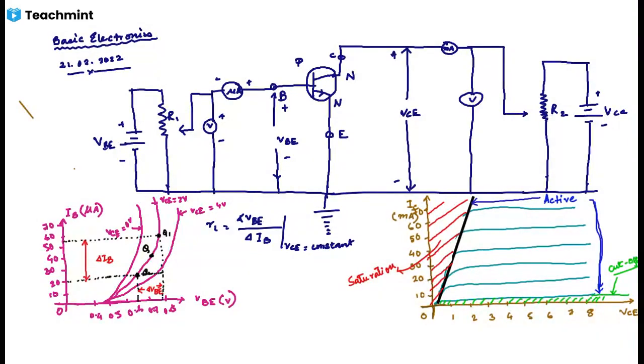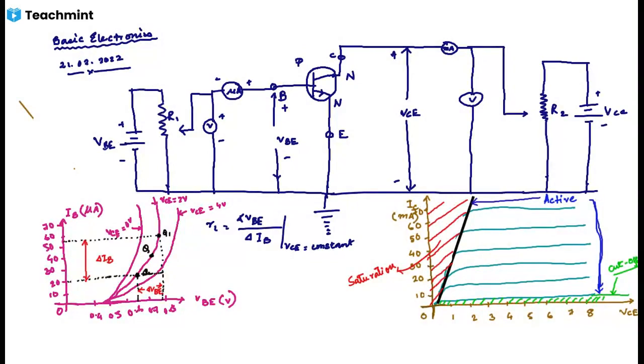In active region, the collector current increases slowly with increase in VCE. Output characteristics in CE configuration are less horizontal than those of the CB configuration. This indicates that the output resistance is smaller in CE configuration than CB configuration. That is the first thing.